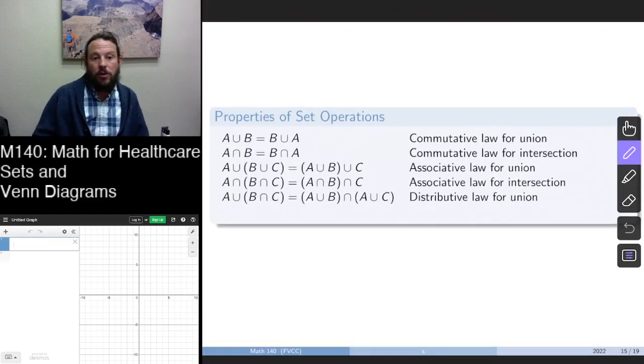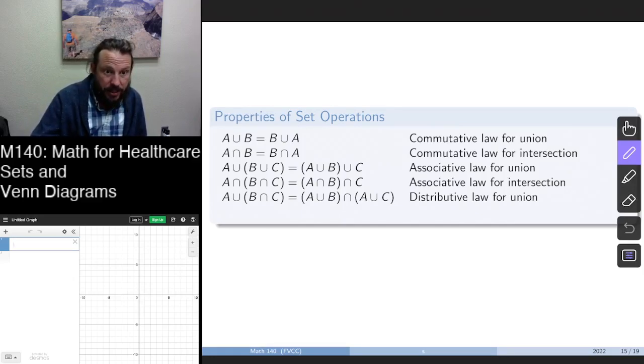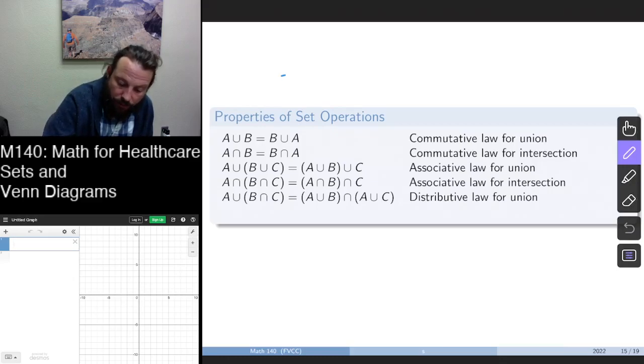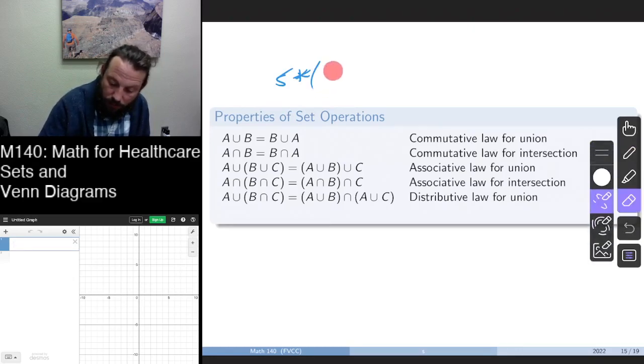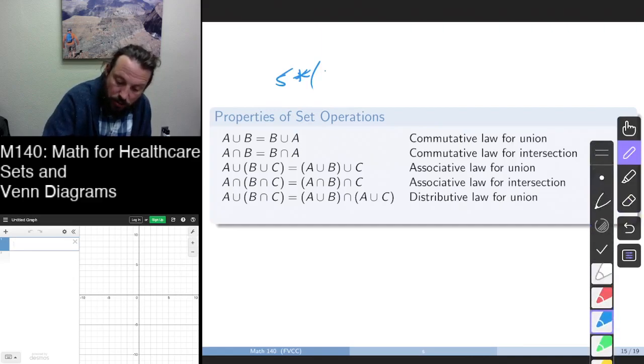Distributive law for union. This is pretty useful. A union, then B intersect C in parentheses. Just like the distributive law, 5 times (x plus y) equals 5 times x plus 5 times y.